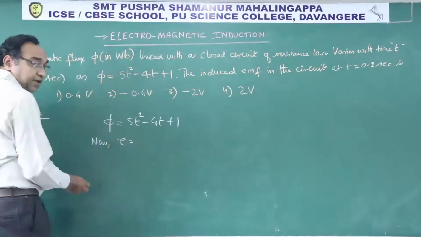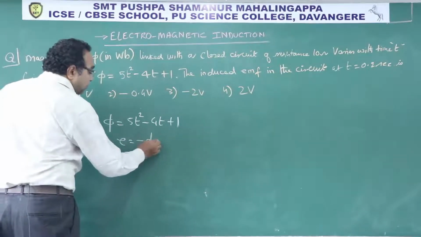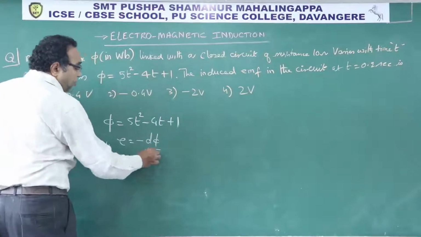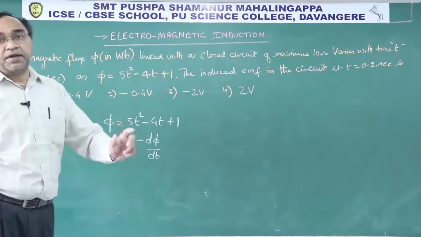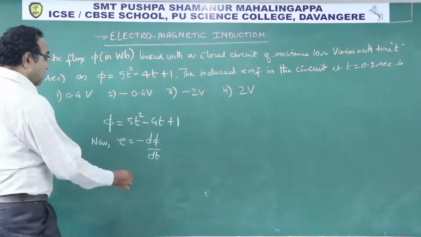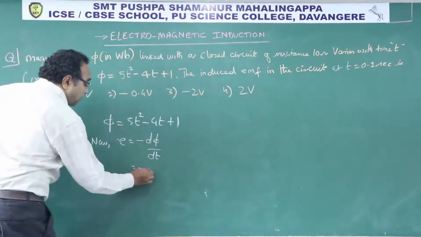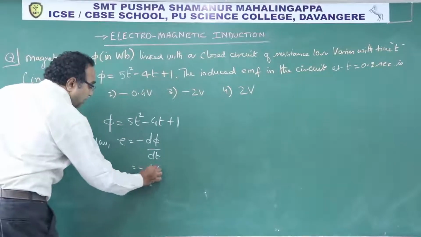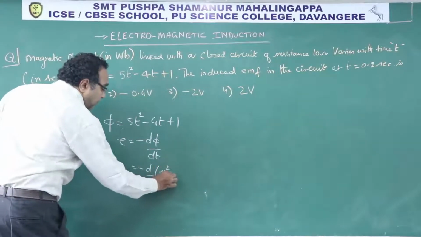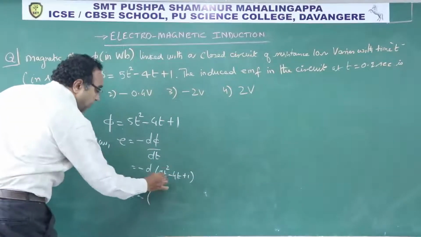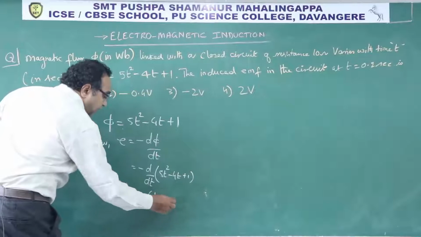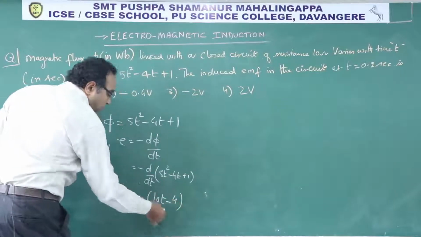Now, the induced EMF E, we have seen, is minus d phi by dt for one turn in the coil, and minus n d phi by dt for n turns in the coil. So differentiate this. It is minus d by dt of 5t square minus 4t plus 1. So it is minus of 10t minus 4.